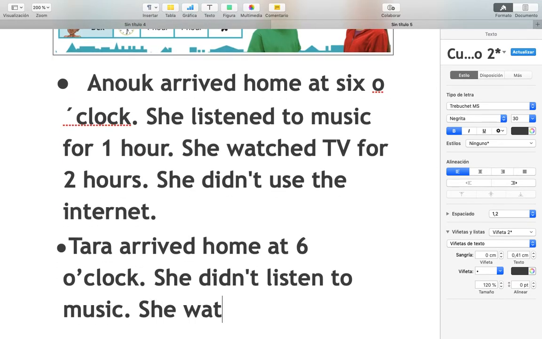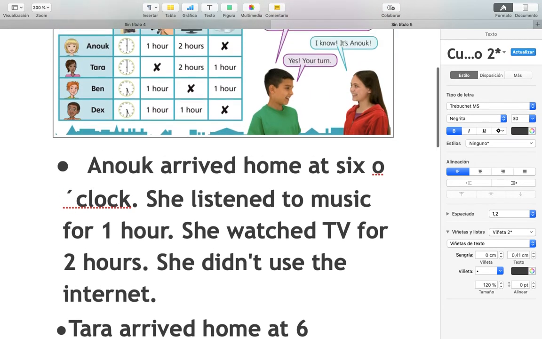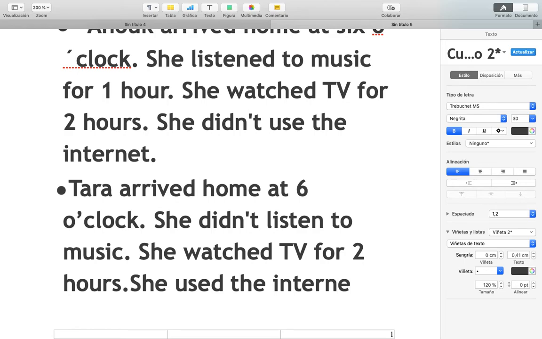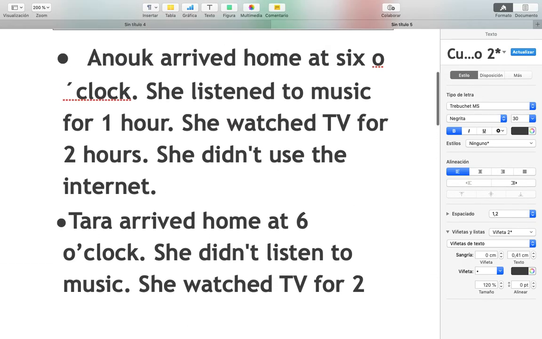She watched TV for 2 hours. Me da igual que el 2 y el 1 lo pongáis en letra o número. And she used the internet for 1 hour. ¿Vale? Esto es lo que tenemos de Tara.